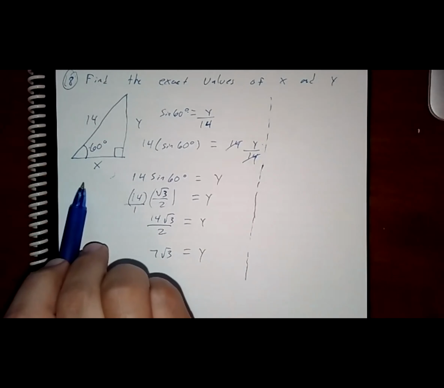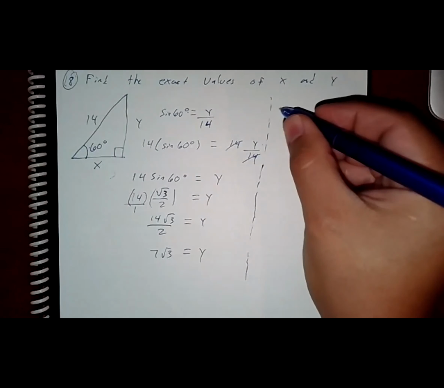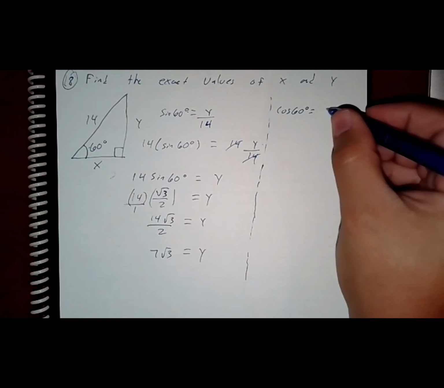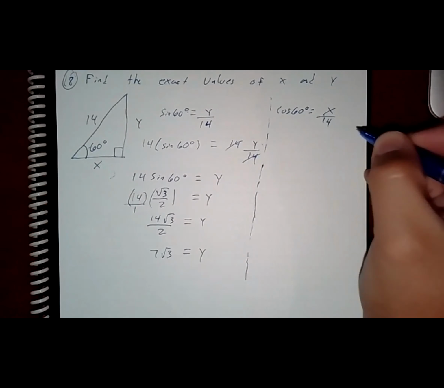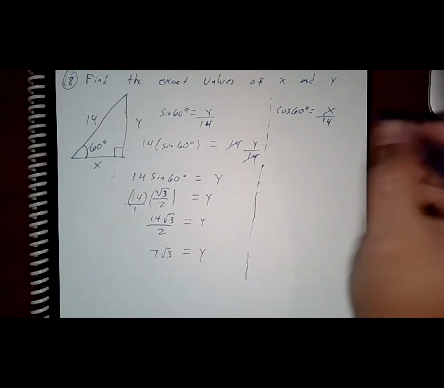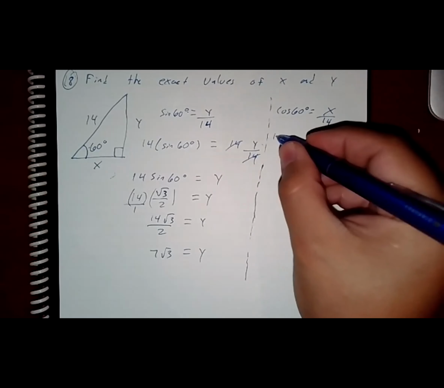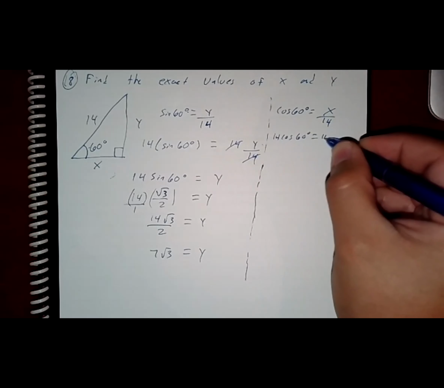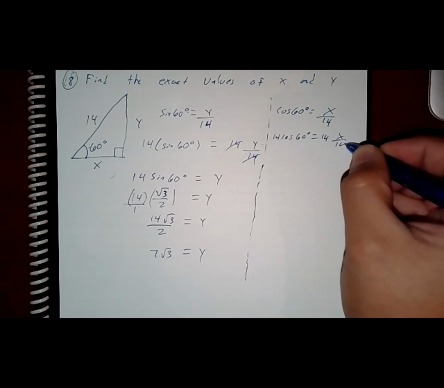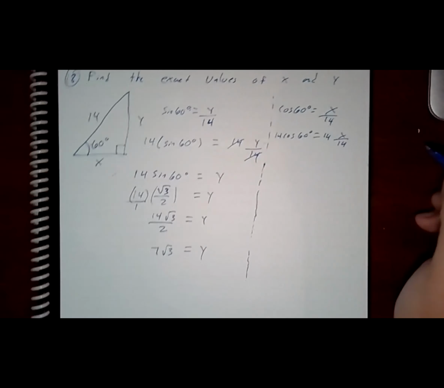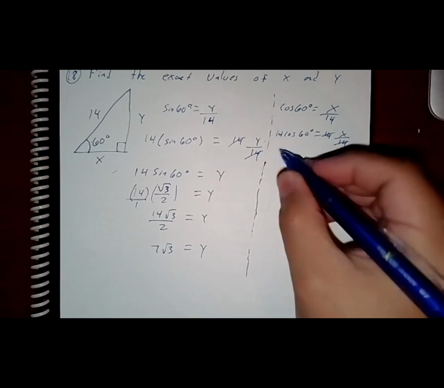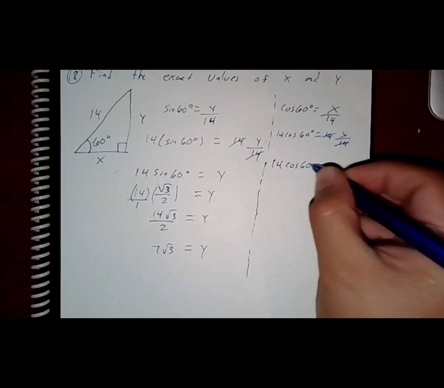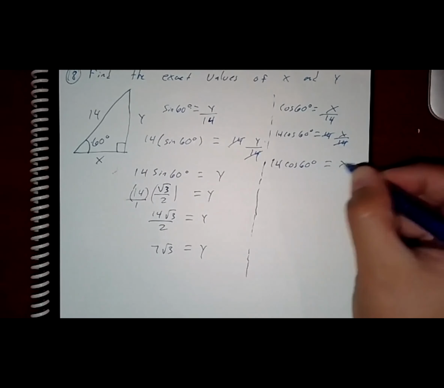All right, I'm going to fill in for x now. So I'm going to use cosine of 60. That would be equal to adjacent over hypotenuse. Do the same thing, multiply both sides by 14. The 14s will cancel. So now I have 14 cosine 60 equal to x.